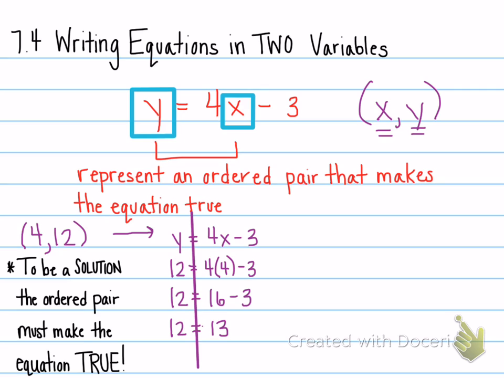So does 12 equal 13? It does not. So 4, 12 does not make the equation true. Therefore, it is not a solution. So you would write: not a solution.